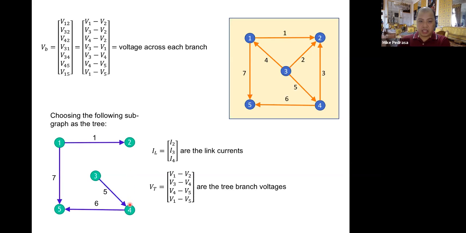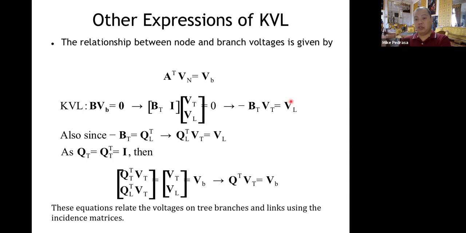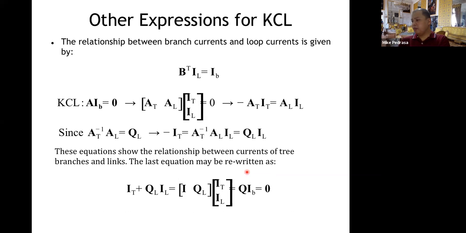I-consider na lang natin yung signs. Okay, yun lang yung sinasabi nito equations na to. You can relate the voltages on the links to the voltages at the trees. You either use the B sub T matrix, or the Q matrix transpose. Question, guys? That's KVL.